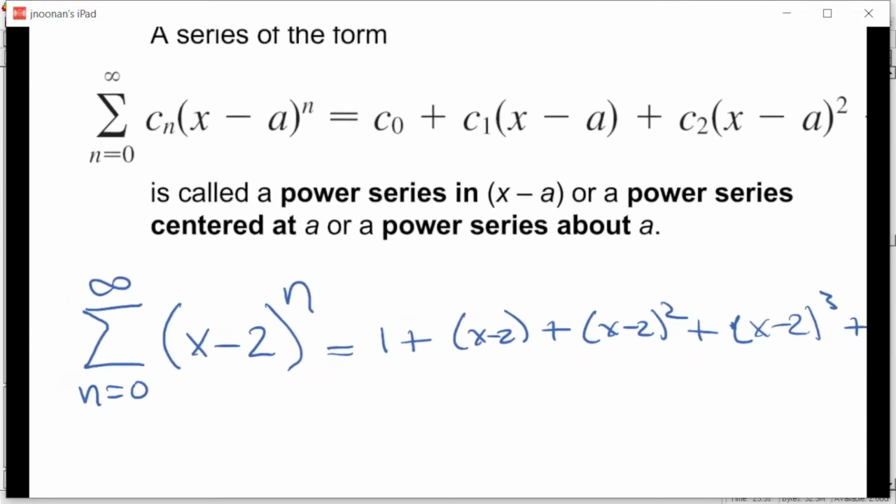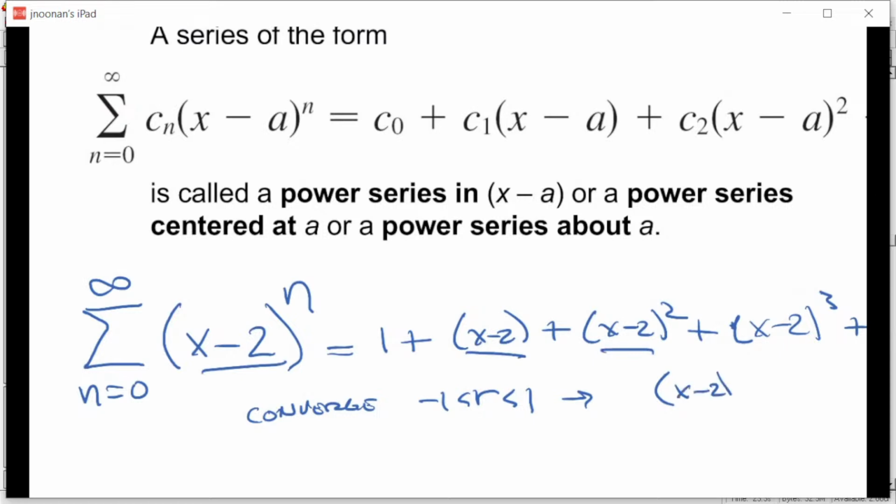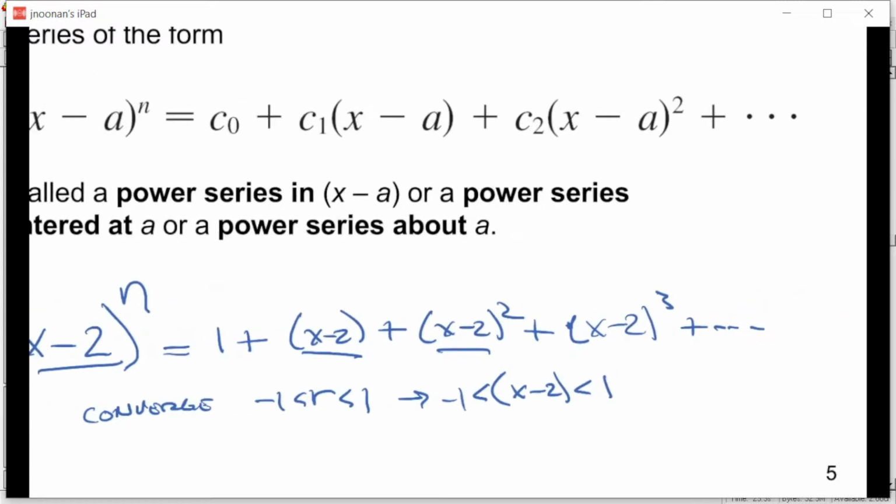And so we can say that this will converge when the common ratio is between -1 and 1, which in our case is x minus 2. When you do the math here, you get x between 1 and 3 is where this thing converges. You just add 2 to everything.